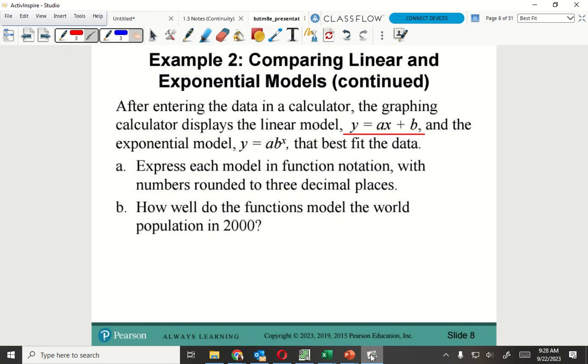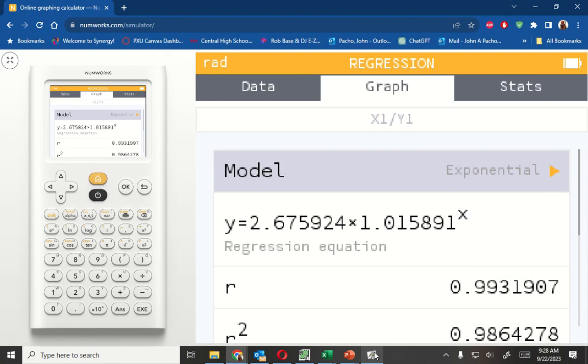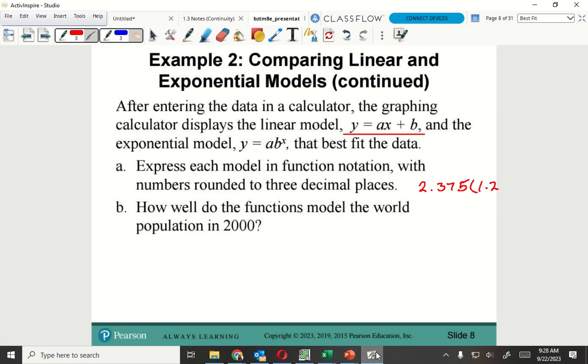So my first one is going to be, what was my number? 2 point what? 2.375 times, what was my number? 1 point what? 0.16. 0.16 raised to the x, and my R value here is 0.993.